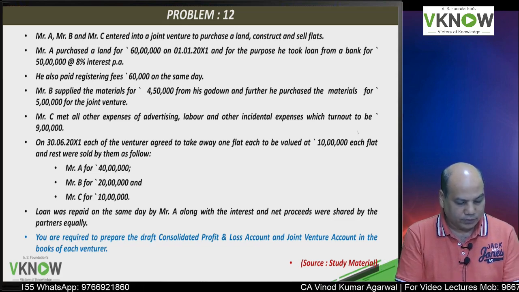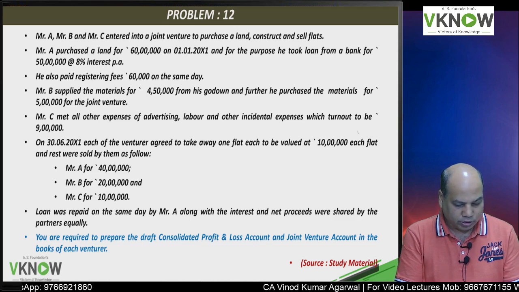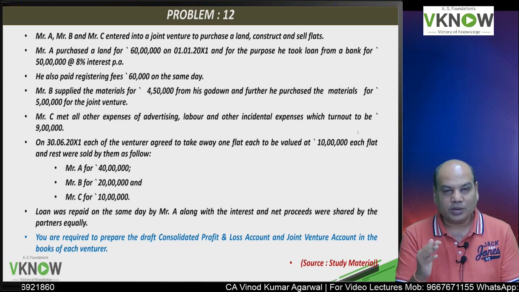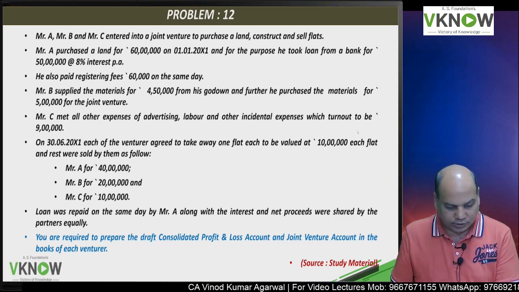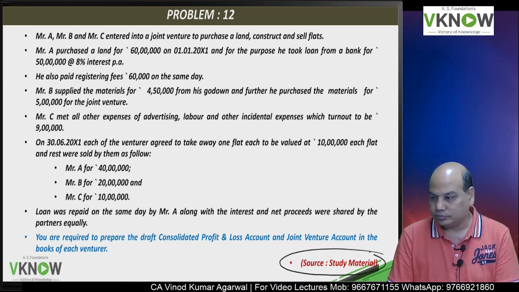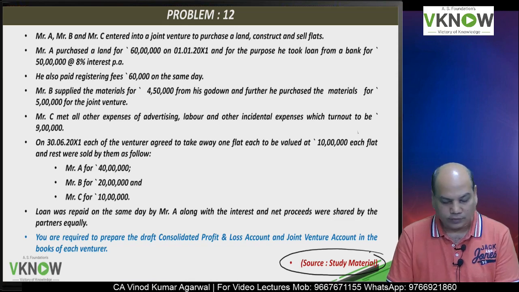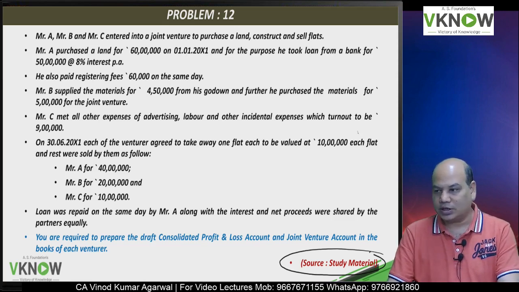Question number 12, after some pages, come to question number 12 towards the end of the chapter. Keep turning the pages till you reach question number 12, and that is from your study material of the institute. I am going to solve in front of you this entire question, and you will concentrate on the understanding.